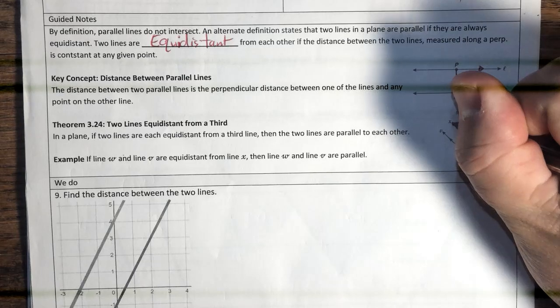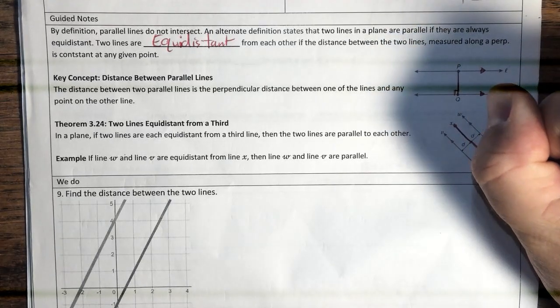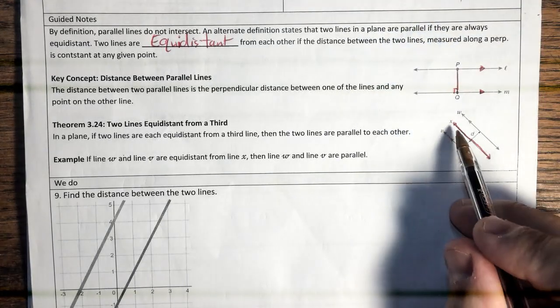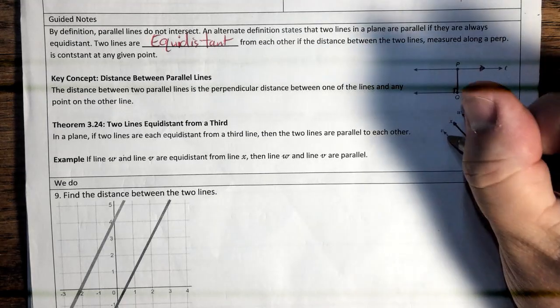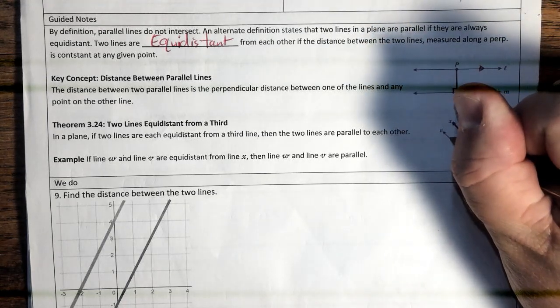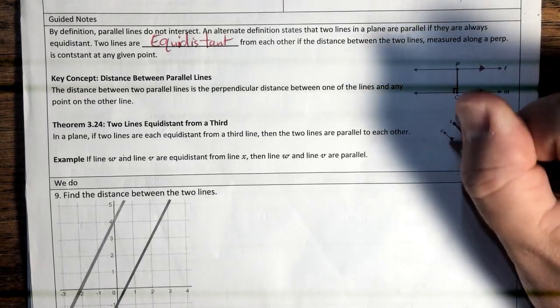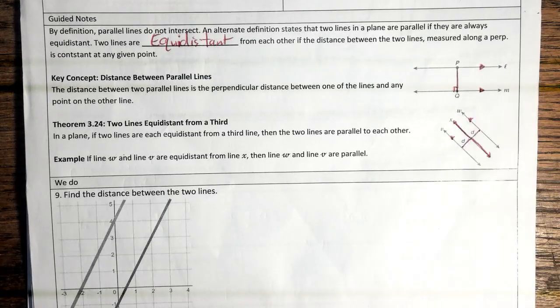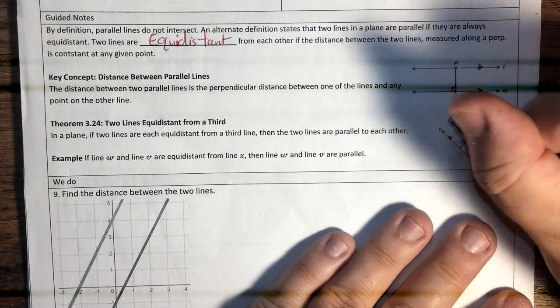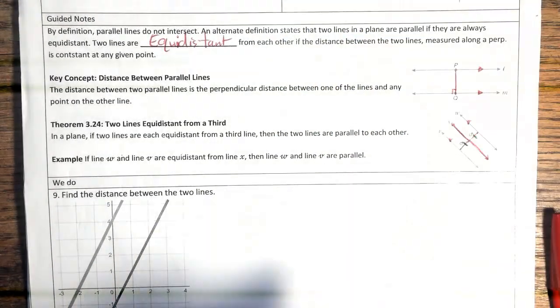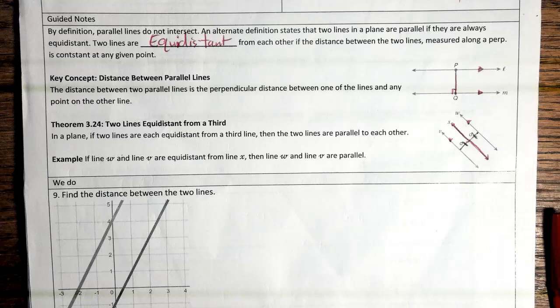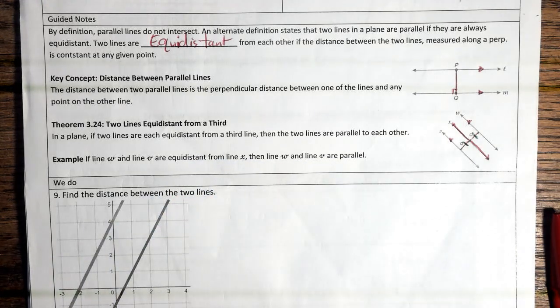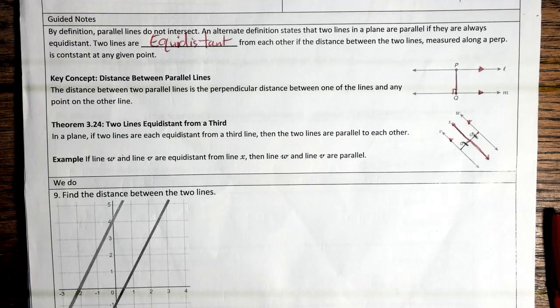So in this one here, our third line is x. Notice V and W both have the second little arrow, so they're parallel, and it's because the distance here is D and the distance here is D, or those distances are equal or congruent. And it says over here, if lines W and V are equidistant from line X, then V and W are parallel, which is essentially what I just told you.